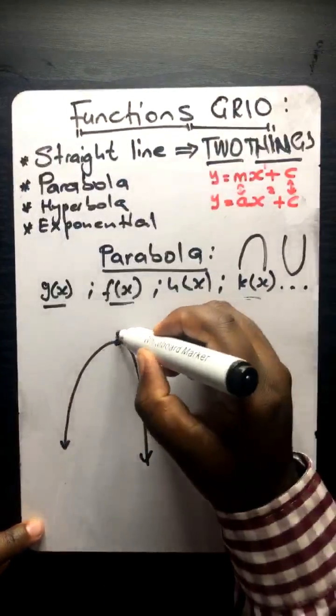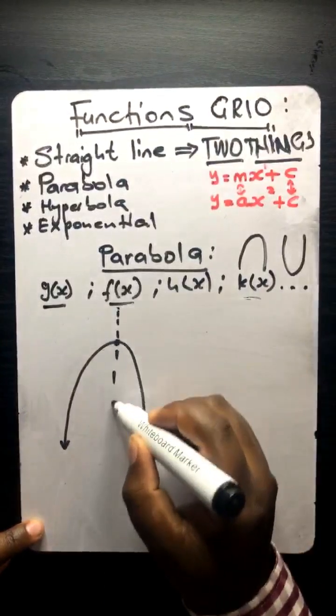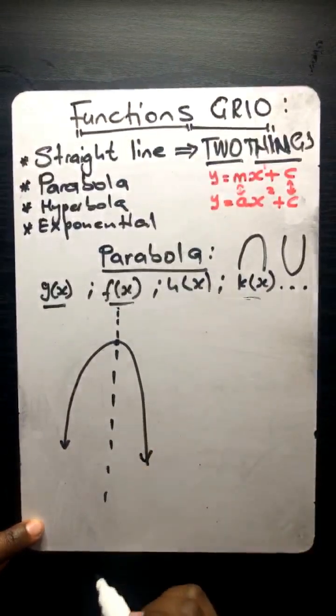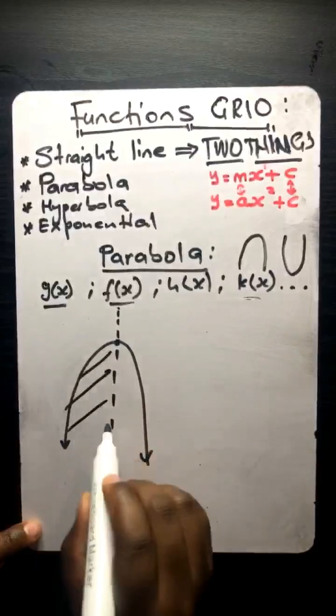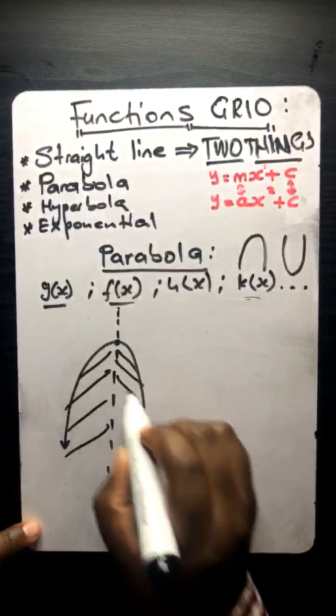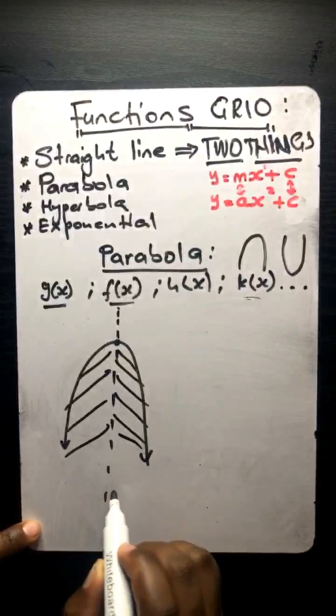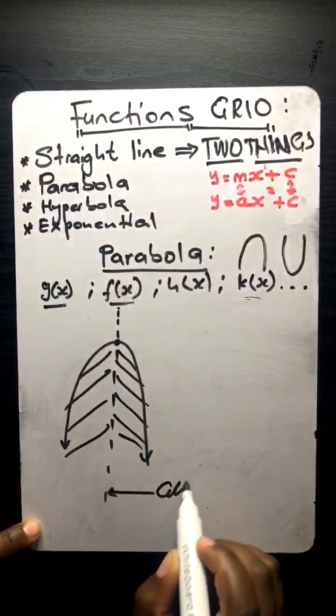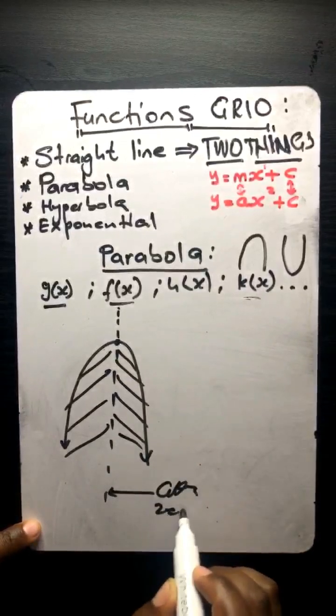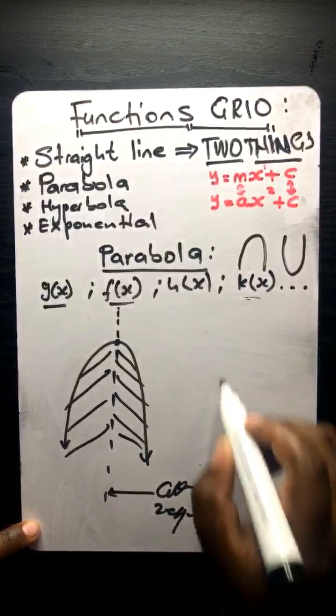That's where you have the line of symmetry, because this side of the function is 100% equal to that side. That means this line cuts it into two equal halves.